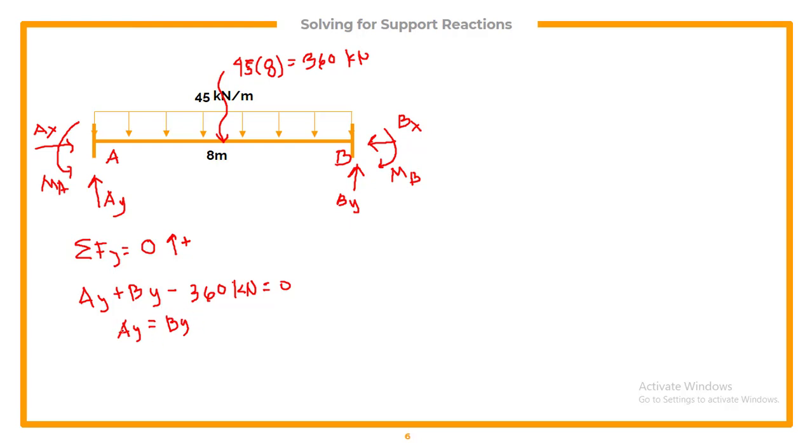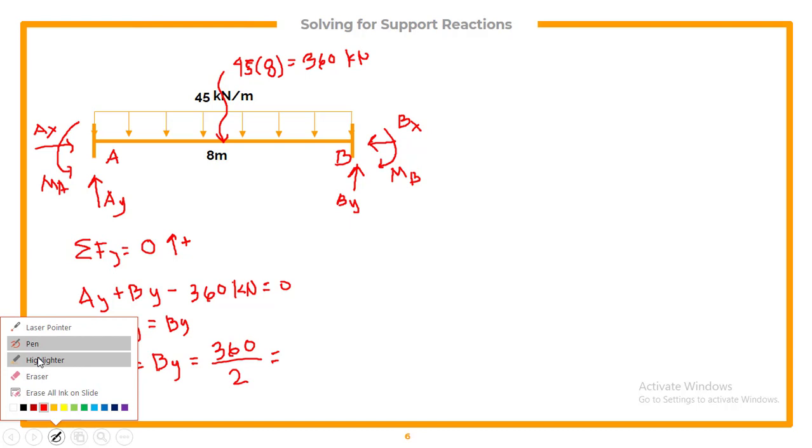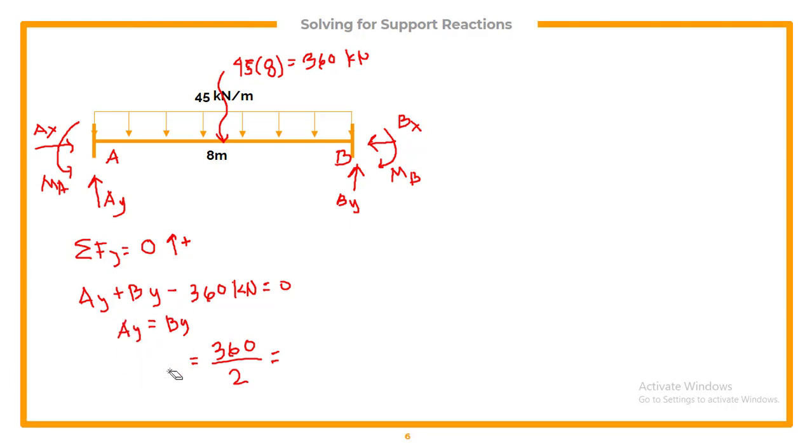So they are the same, guys. The 360 can simply be divided by 2, since both are equal. Let's assume AY equals BY, so AY plus AY is equal to 360. Therefore, 2AY equals 360, so AY is 360 divided by 2, which is 180 kilonewton.